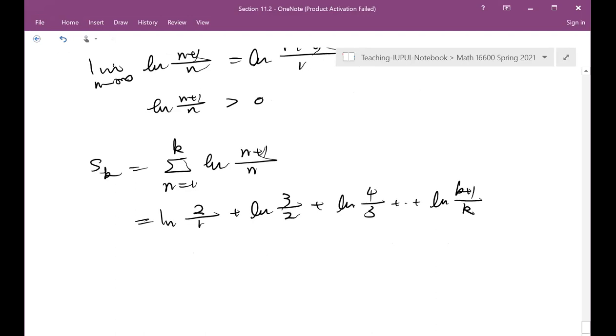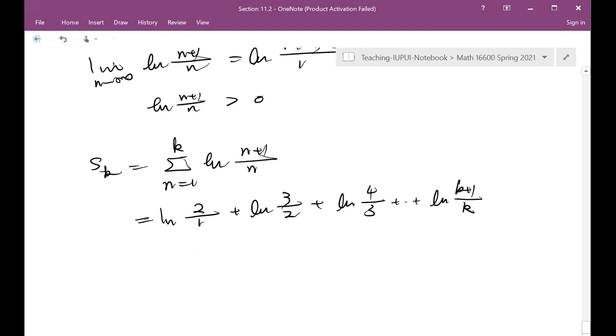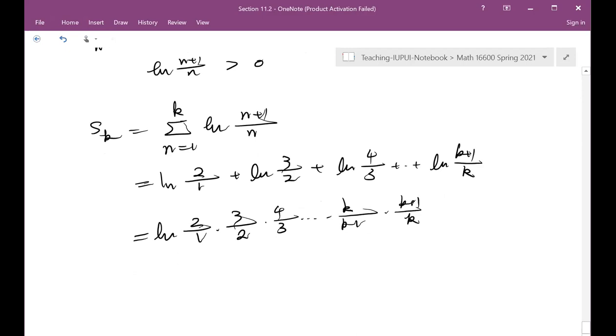You have k terms, but those k terms can be combined into one term. Here's 4 over 3, and this is k over (k minus 1), then (k plus 1) over k. Then you realize that lots of terms can be canceled out: 2, 2, 3, 3, 4, 4, and so on.